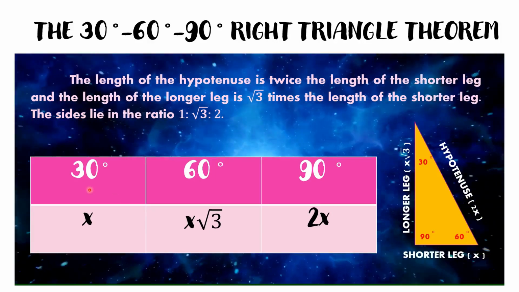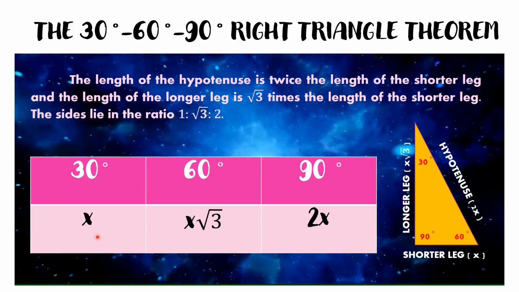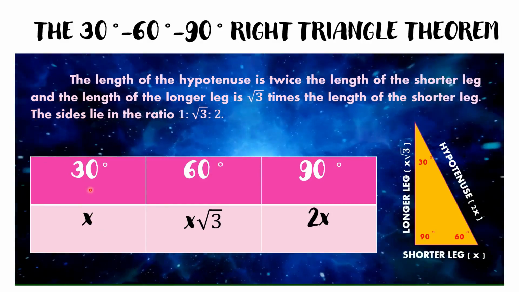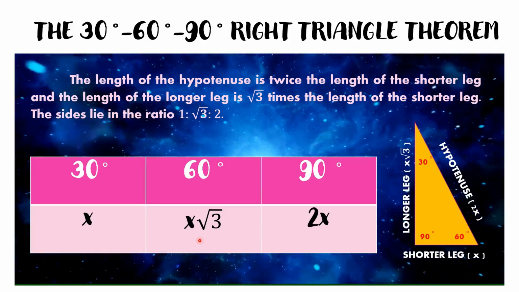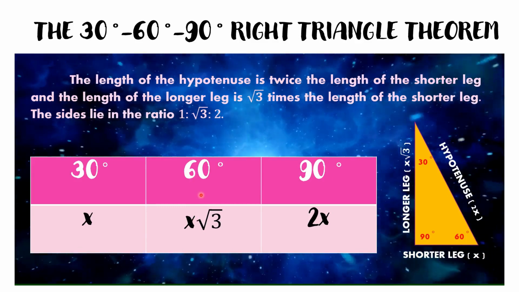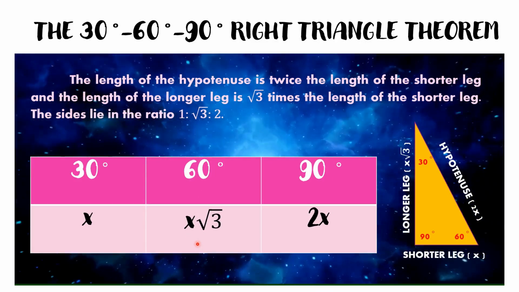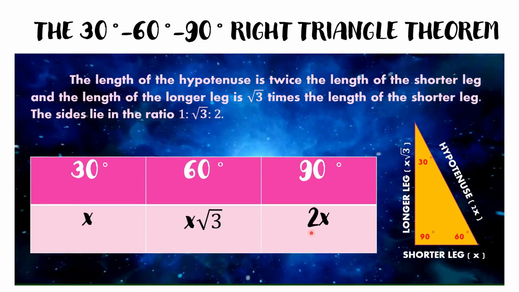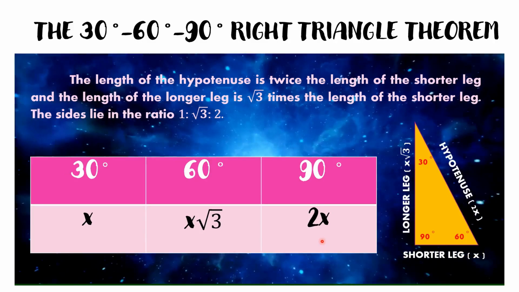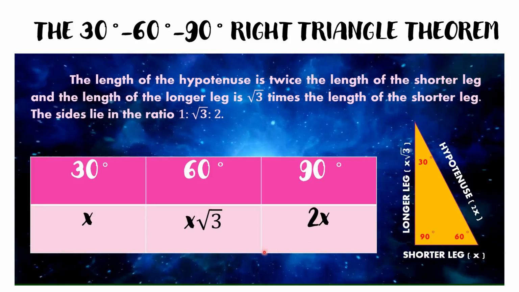So, pwede natin gamitin si x to represent the length of the side opposite kay 30 degrees. And then, yung sukat naman ng longer leg na opposite kay 60 degrees, pwede natin i-represent using x square root of 3. And para naman sa hypotenuse natin, it could be represented by 2x.